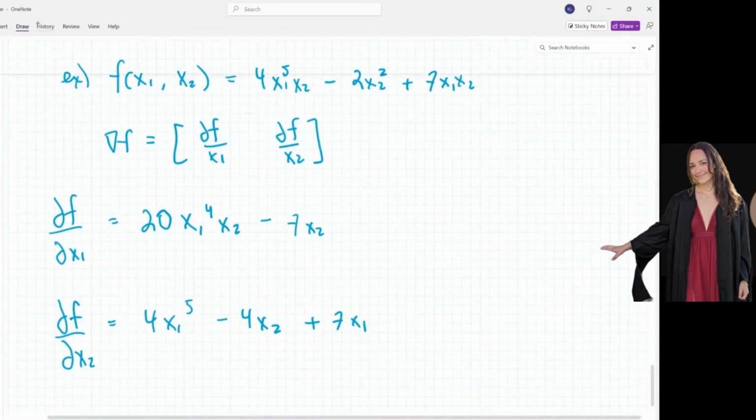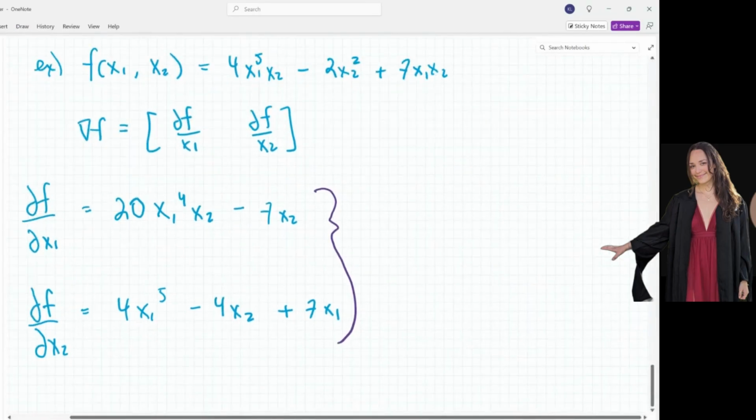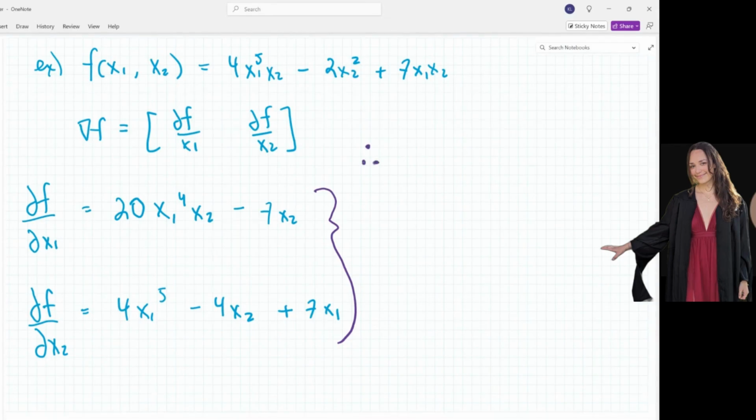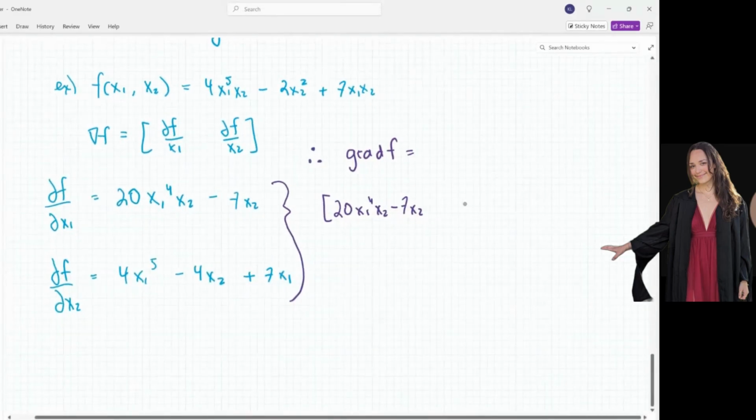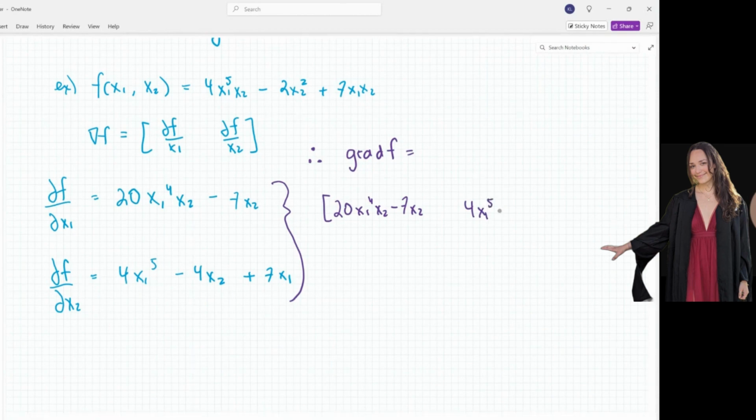Now to find our gradient, we very simply just put these two terms into our gradient vector. So our final answer here is that the gradient of f equals 20x1 to the power of 4 x2 minus 7x2 as our first term, and then our second term within the vector is 4x1 to the power of 5 minus 4x2 plus 7x1.